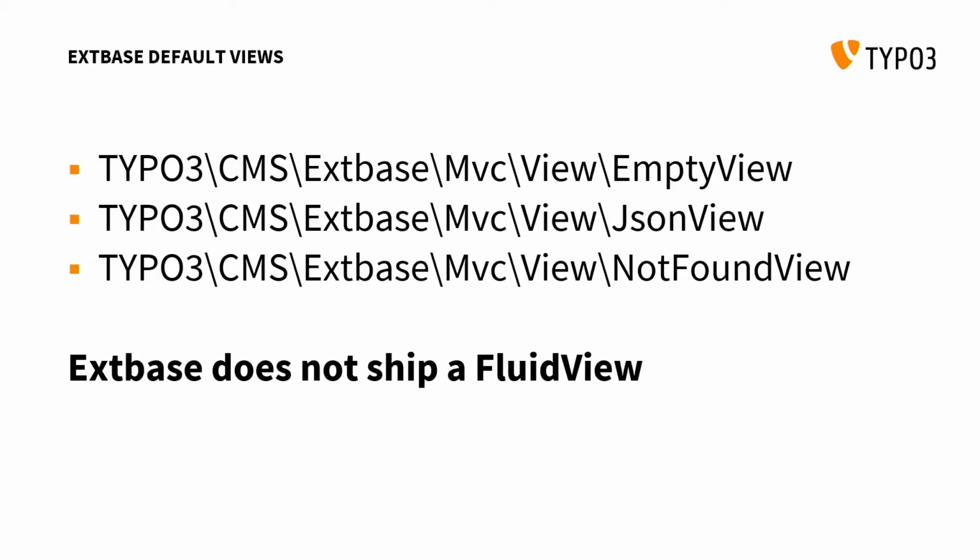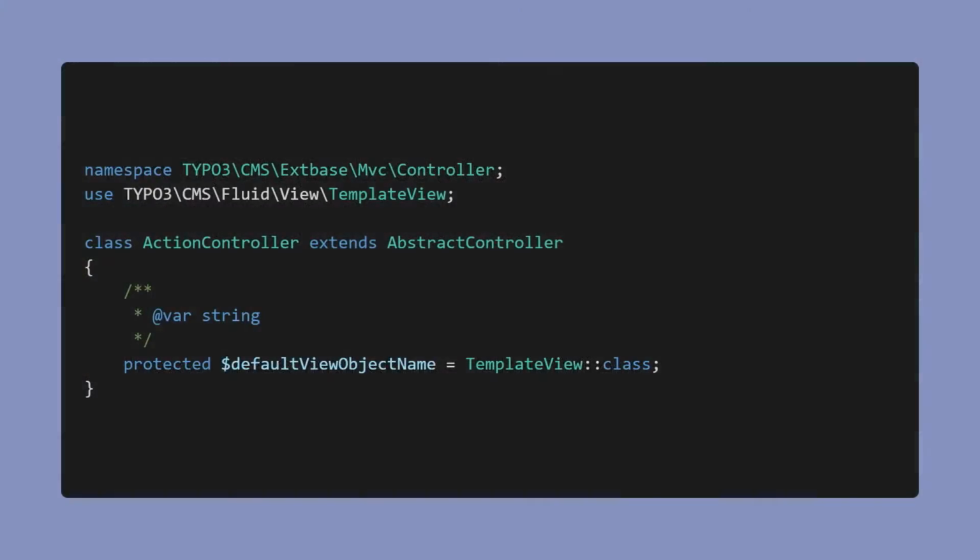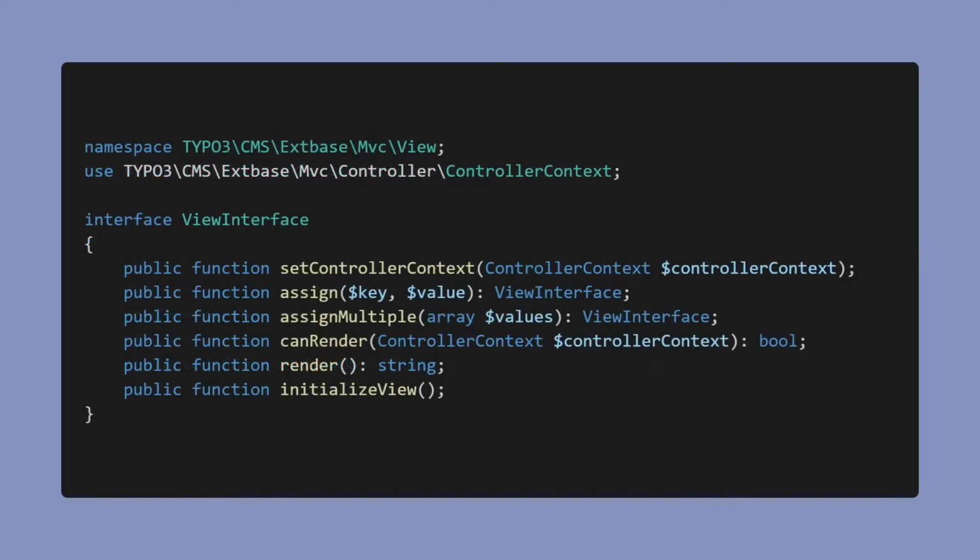But what Extbase does by default is use a Fluid view in the action controller you're always extending. Here you can see that we define a default view object name, which you probably overwrite when you try to build a JSON view or something else. This is the only part where Fluid is initiated. Everything else, you can register whatever you want in there. You just need to implement the according interface.